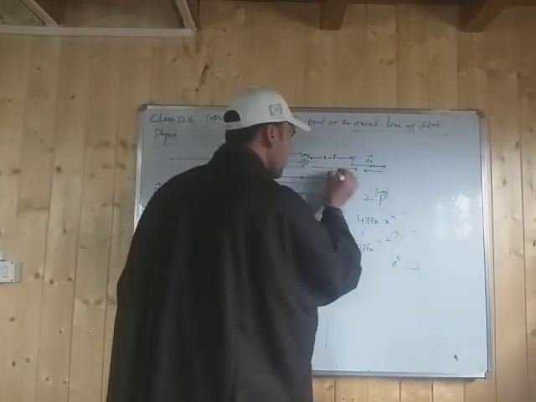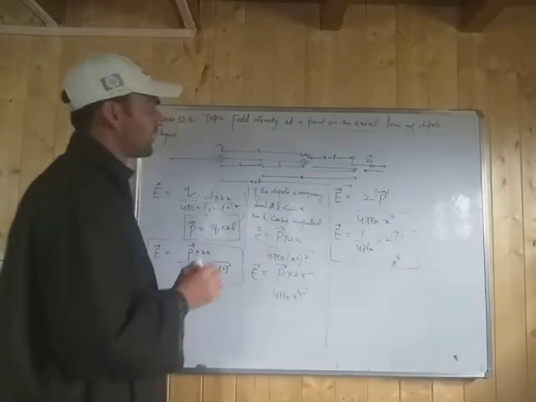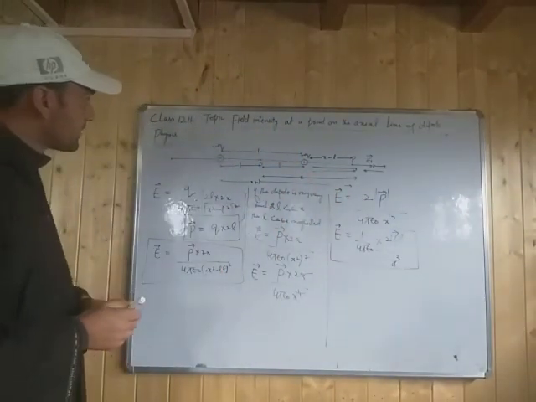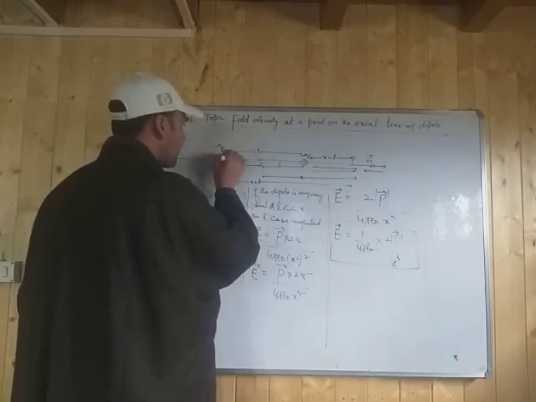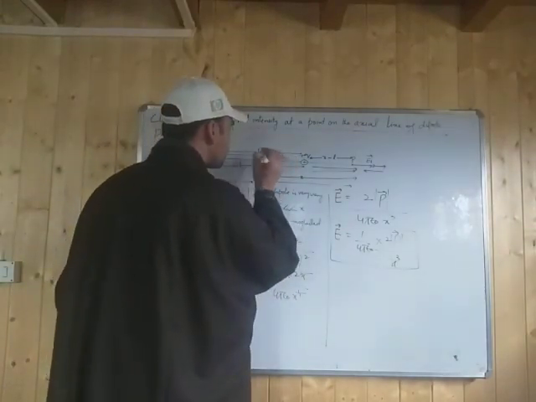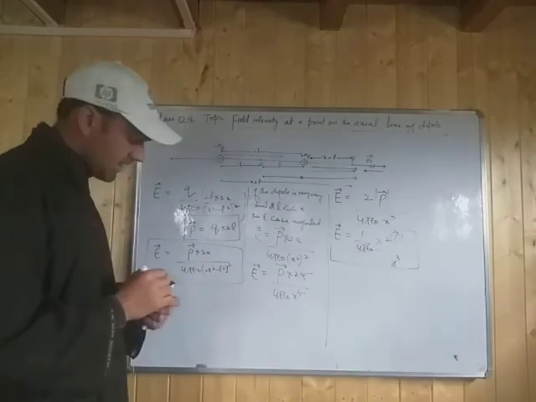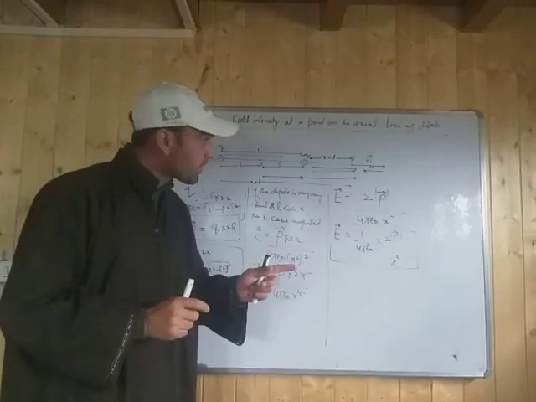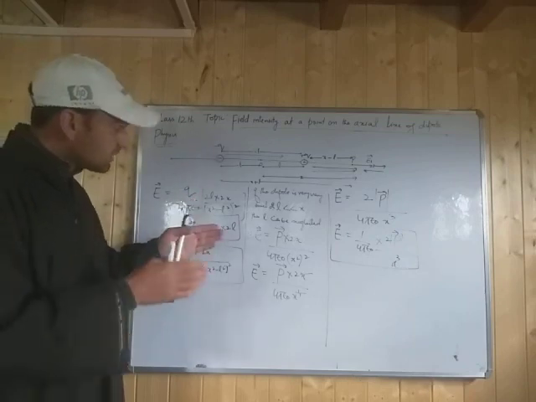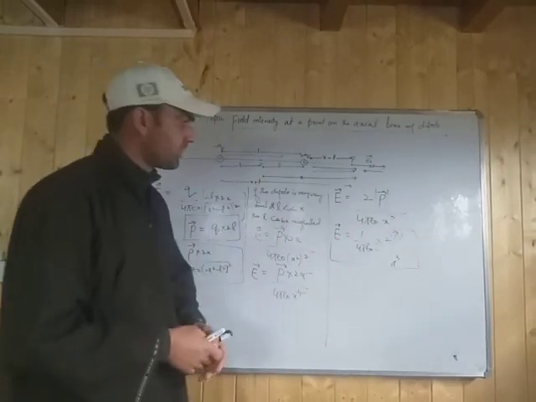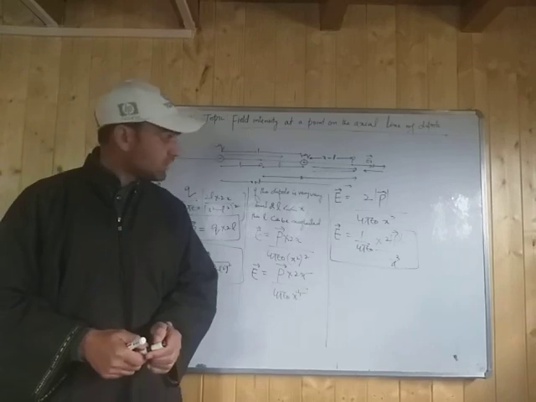Similarly, we also know that the direction of the dipole moment is from the negative charge towards the positive charge. So we can say the direction of the net electric field as well as the direction of the dipole moment is along the same direction. So I hope you will like this video.